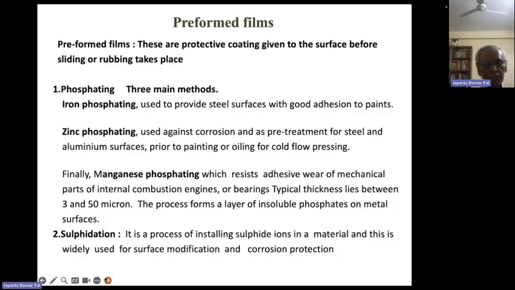It is a process of incorporating sulfide ions in a material, and this is widely used for surface modification and corrosion protection. So again, this is a method of producing a sulfide surface which gives protection against corrosion and any other further processing.